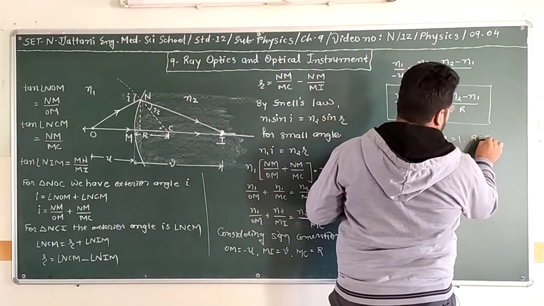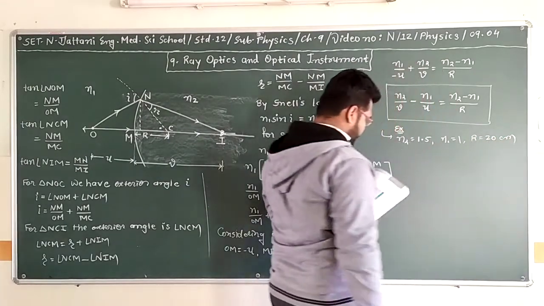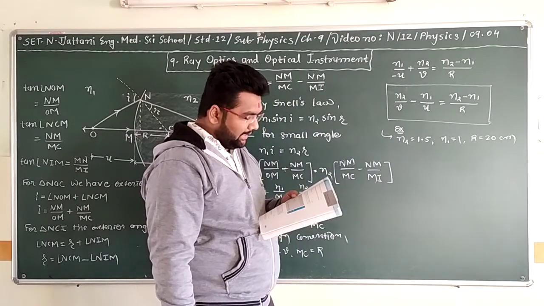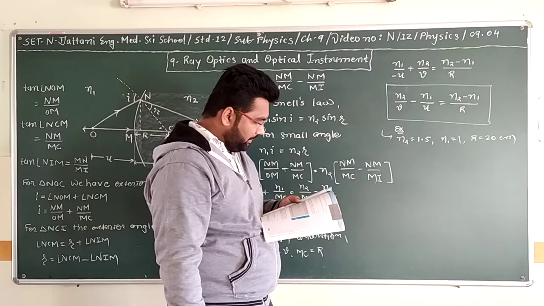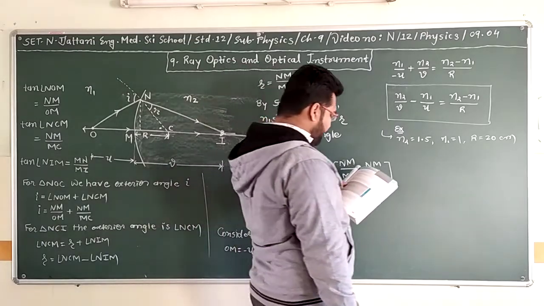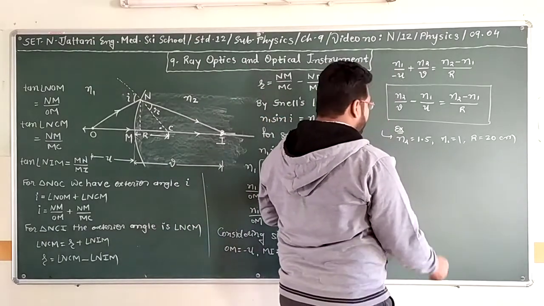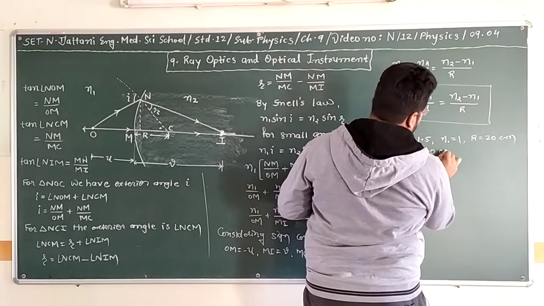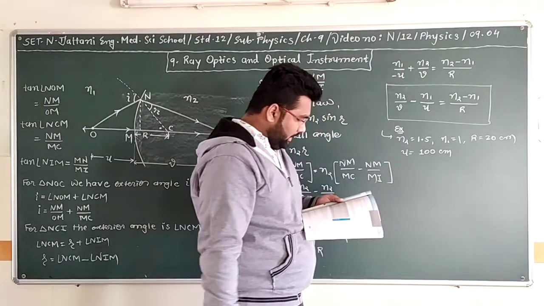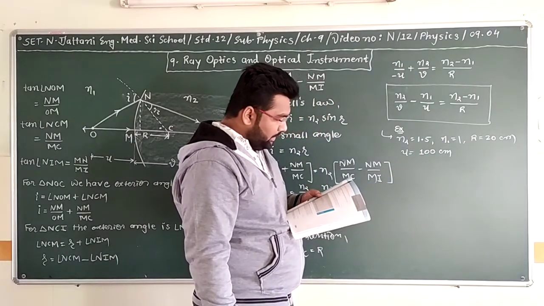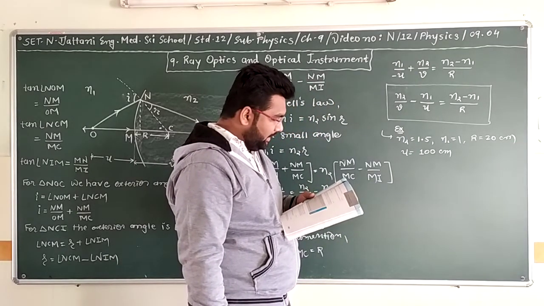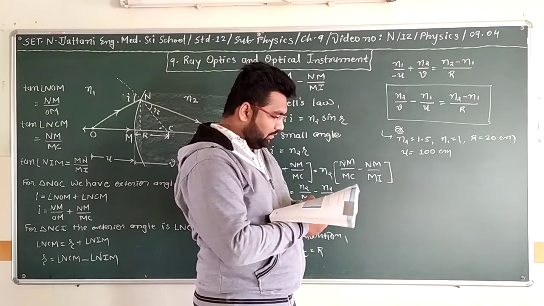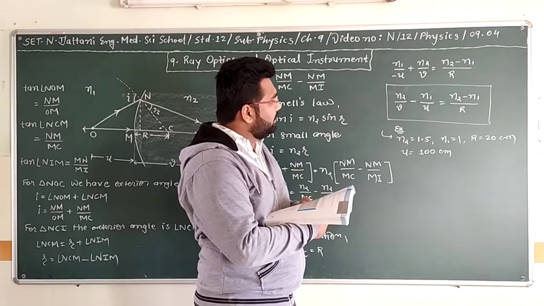So r is equal to 20 centimeter. The distance of the light source from the glass surface is 100 centimeter. So our object distance, u, is equal to 100 centimeter, and now we are supposed to find at what position the image is formed. So we are supposed to find image distance V.